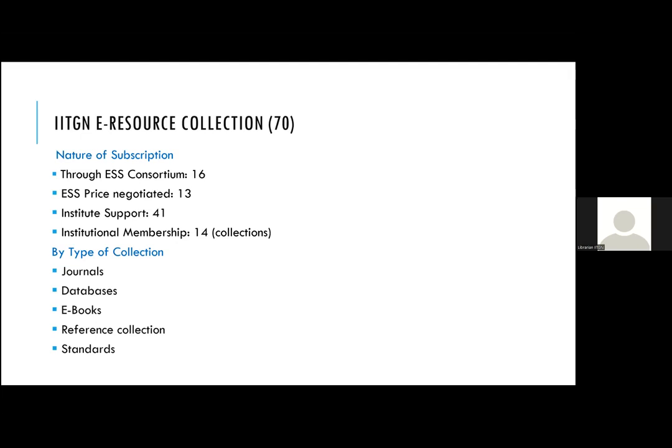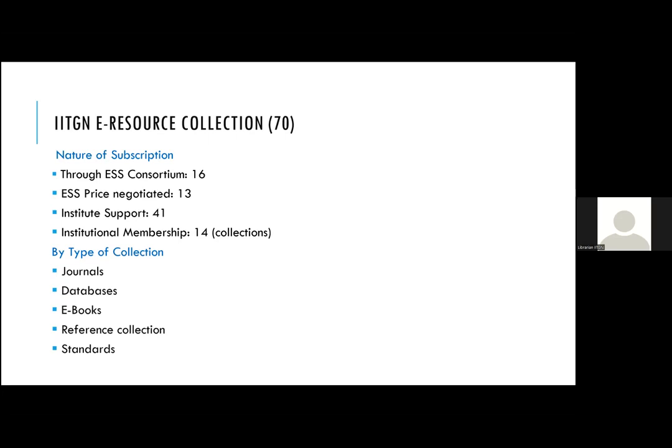So if we look at it by type or collection, it obviously includes journals and databases, including the citation databases and other bibliographical databases. We don't have an extensive collection of electronic books, except a couple that I'll talk about.